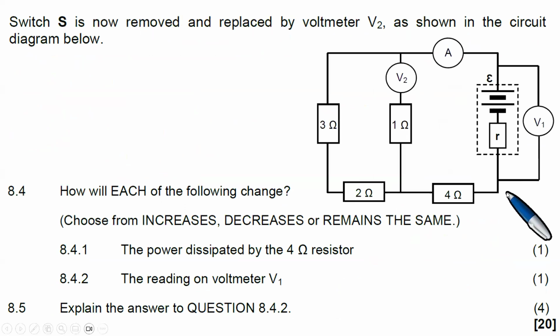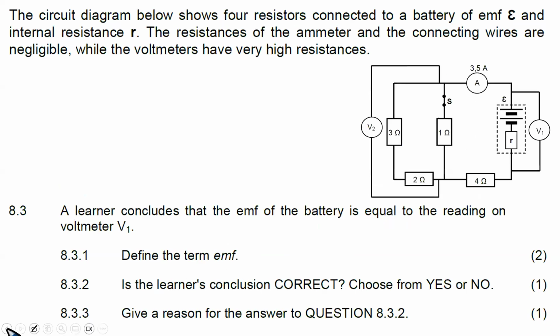Okay, let's look at 8.4.1. Now in 8.4.1, we're effectively saying switch S is now removed. So they decided to remove switch S, so there's no switch anymore. And the switch S was where?